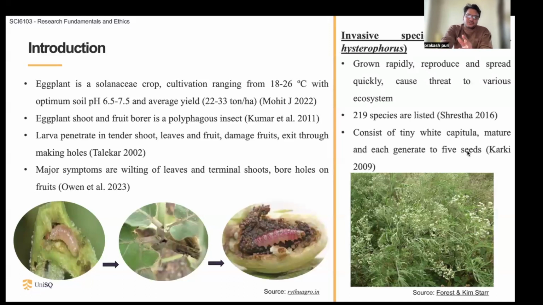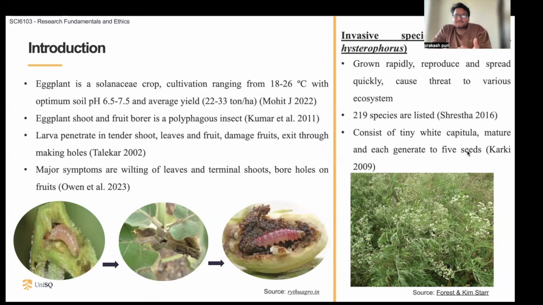Parthenium hysterophorus is an invasive species. Invasive species means those species which grow rapidly, reproduce quickly, spread quickly, and threaten various ecosystems, human health, the natural environment, and agricultural ecosystems and biodiversity. In Nepal, 219 invasive plant species are listed.